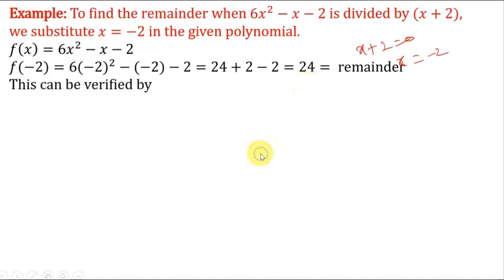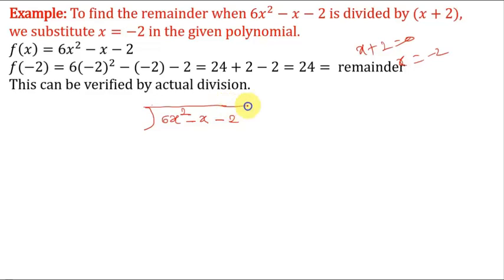Okay. Now, next, this can be verified by actual division, which you have learned in your previous standard. Now, see this here. By actual division, the polynomial 6x square minus x minus 2 is divided by x plus 2.